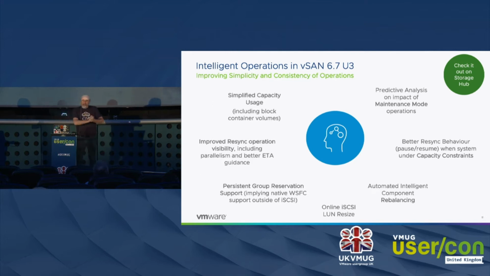The one at 3 o'clock then, the better resync behavior. The whole thing about vSAN is it's self-healing. So if you lose a node in the cluster and all of the components belonging to VMs on that node are now unavailable, well, vSAN will rebuild those components elsewhere on available nodes.